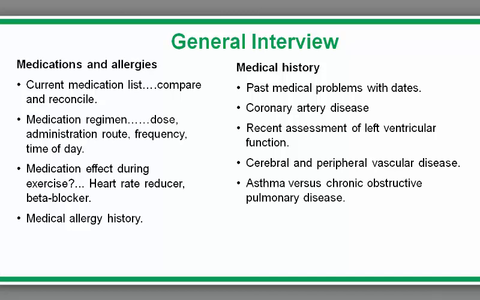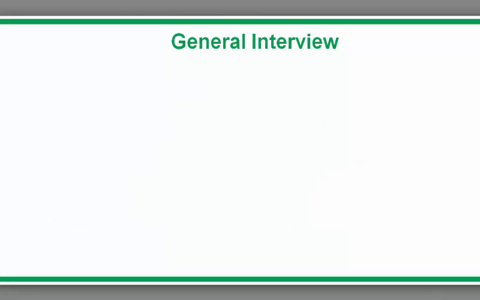Does the patient suffer from a restrictive disease such as asthma, or an obstructive disease such as COPD, or chronic obstructive pulmonary disease? That will affect the patient's ability to ventilate their lungs as they're exercising. And of course, if there are any musculoskeletal injuries or existing conditions such as rheumatoid or osteoarthritis, they may have an effect on the ability for the patient to carry out an exercise test.